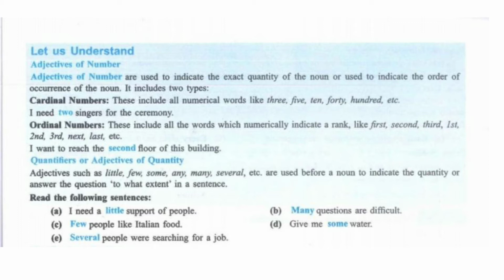It includes two types, cardinal numbers and ordinal numbers. Cardinal numbers include all numerical words like 3, 5, 10, 40, 100, etc. Now, I need 2 singers for the ceremony. So here we are using a cardinal number. Now what are ordinal numbers?